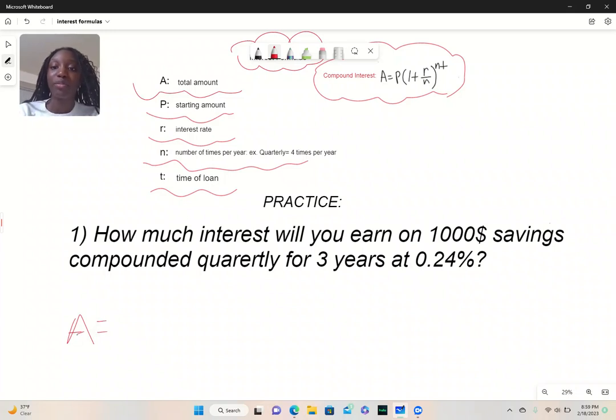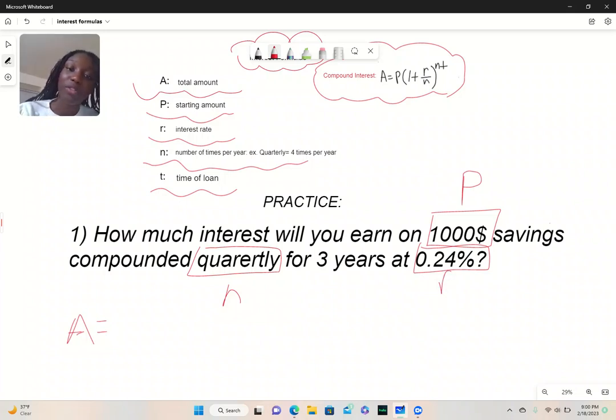Let's find P. Remember, P is the starting amount, and here it says we start with $1,000, so we will label that as P. R is the interest rate, and interest rates are usually percentages, so it will be 0.24%, and this will be converted into a decimal. N is the number of times per year, and here it says compounded quarterly, which means 4 times per year. And T is the time of loan, and here it says for 3 years.